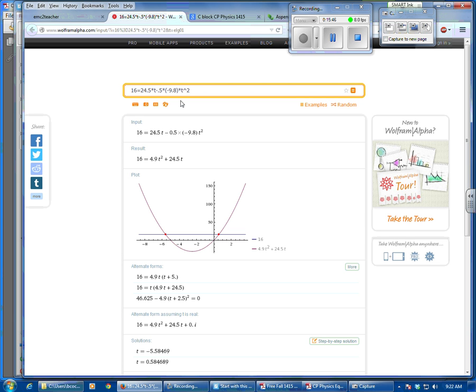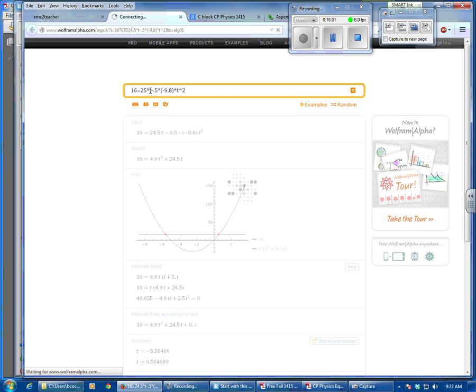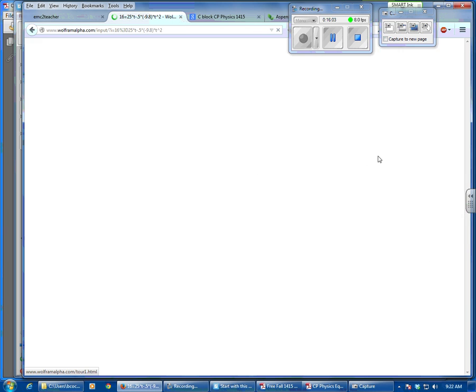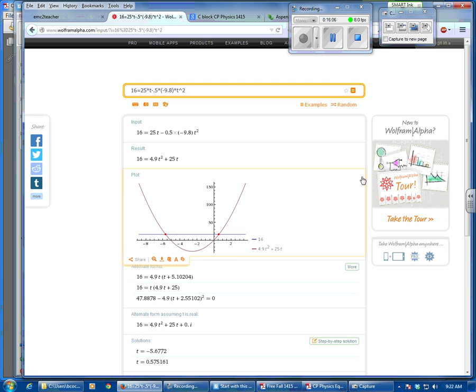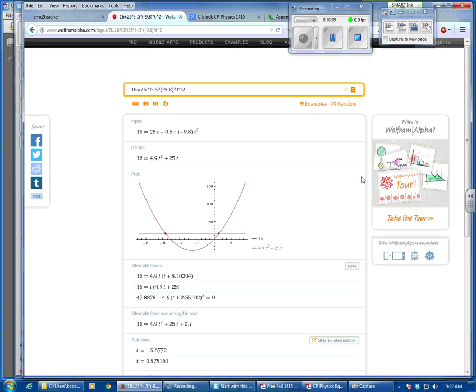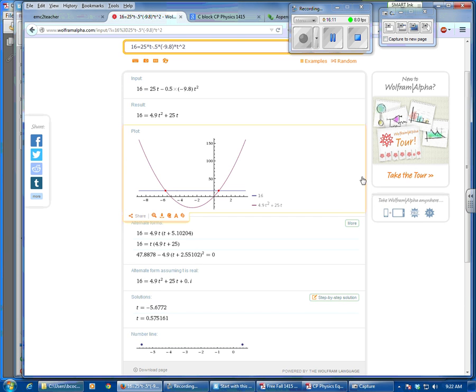You can't. That's why you can't have negative time. We'll save it for the spring. And if we did it using their numbers, the only difference would be changing that to 25, and we get 0.575.